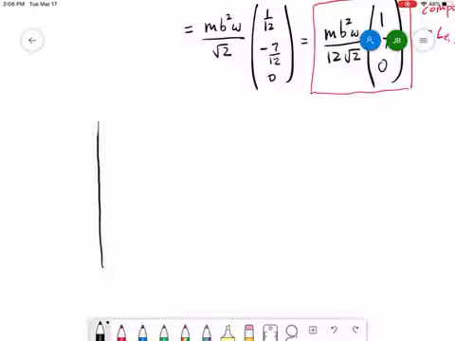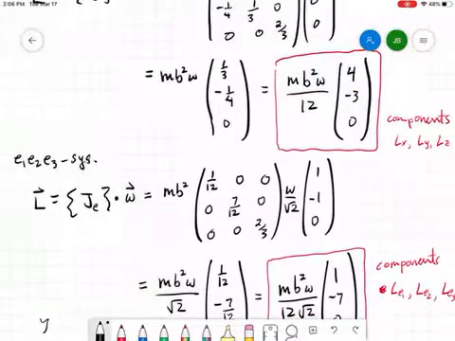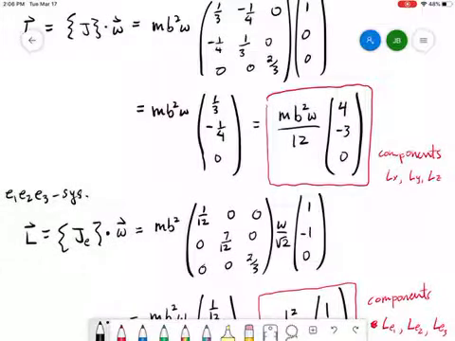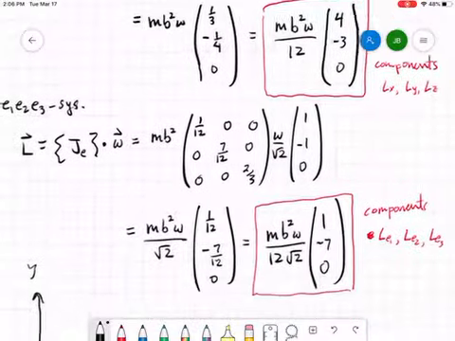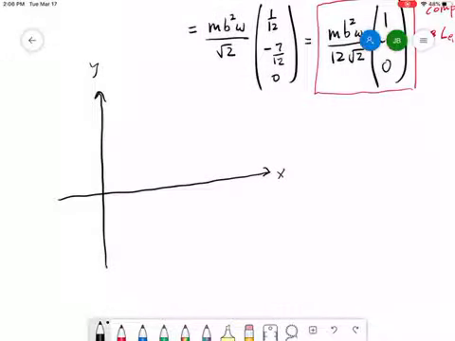So I'll draw an xy coordinate system. And in the xy system, the angular momentum is some prefactor, but then it's 4 units along x and minus 3 along y. So we'll take 1, 2, 3, 4 units along x and 1, 2, 3 in the negative y direction. Okay, so that means L is going to look something like this.